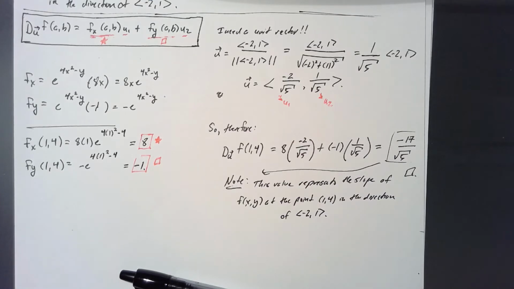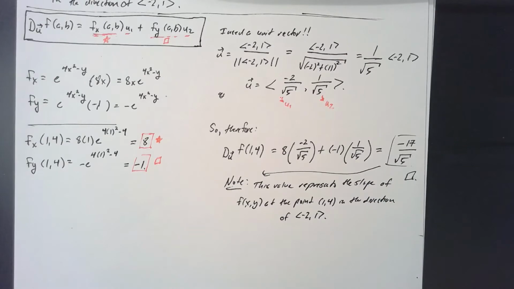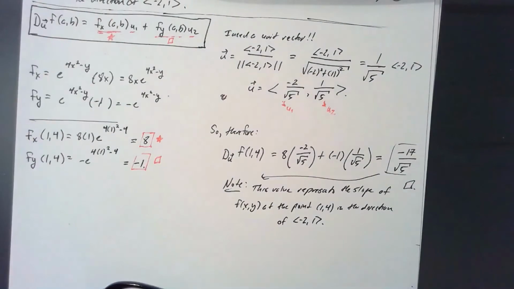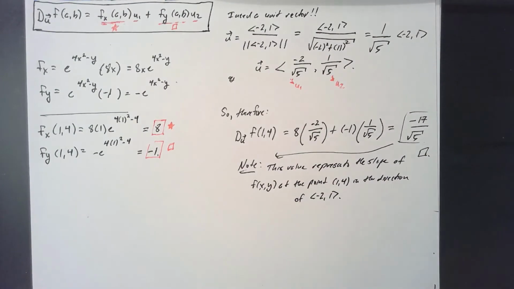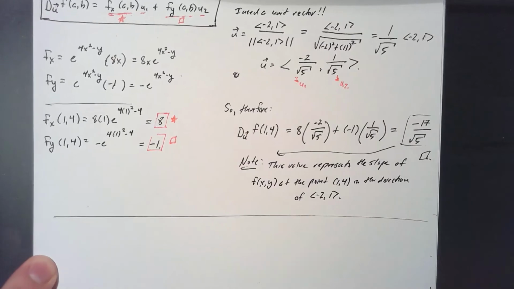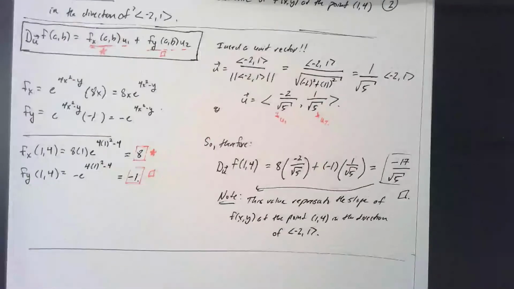Because when you walk along a hill, you're going in a particular direction. So how fast are you going at a particular moment walking on that hill? That's what this is measuring.